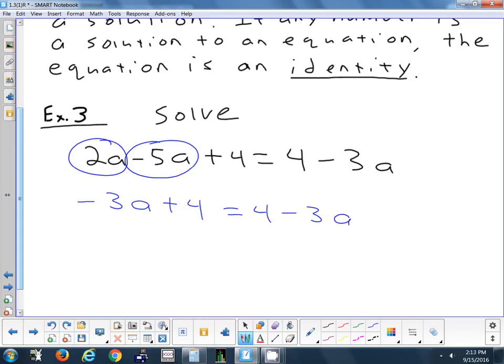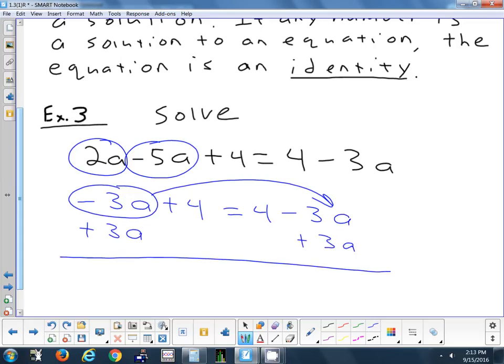On the right. So how would you move this to the other side? You would add 3a. And where else would you add it? Right on the other side.